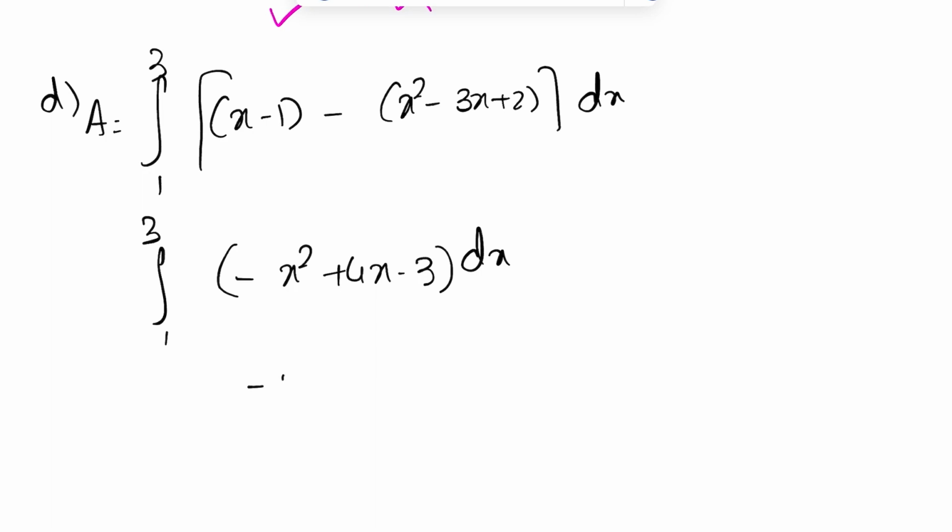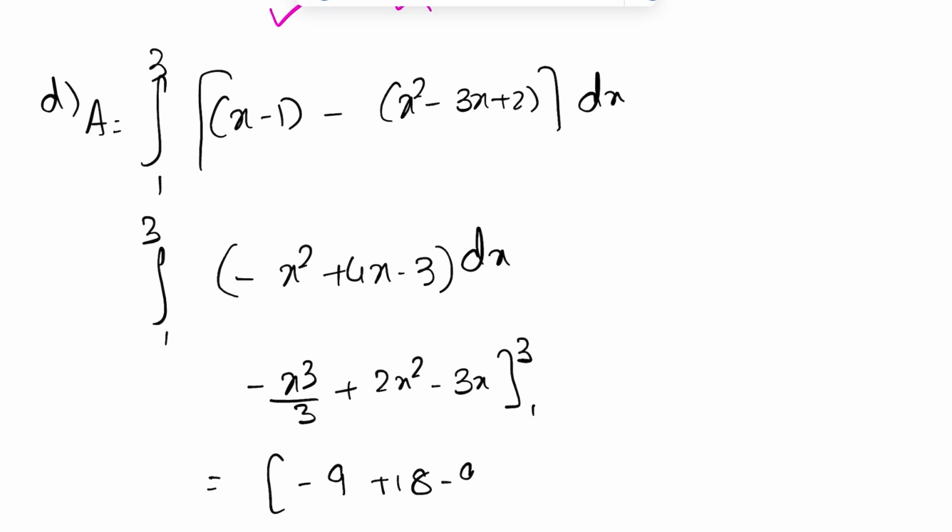So it becomes minus x cubed by 3 plus 2x squared minus 3x from 1 to 3. Plug in the upper limit: minus 9 plus 18 minus 9. Then the lower limit: minus 1 upon 3 plus 2 minus 3. Simplify that. You should be getting 4 upon 3 as the answer.